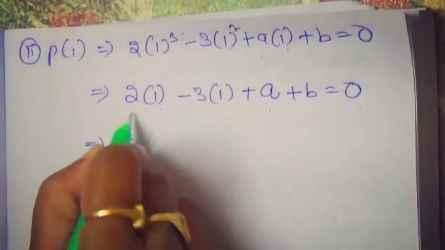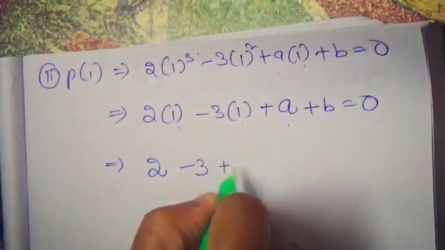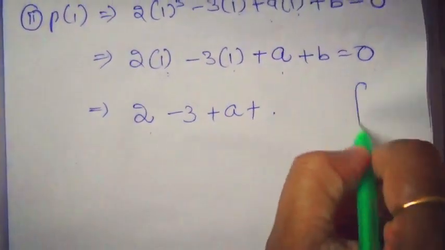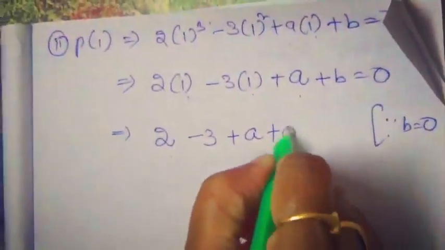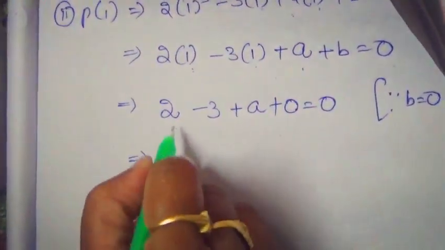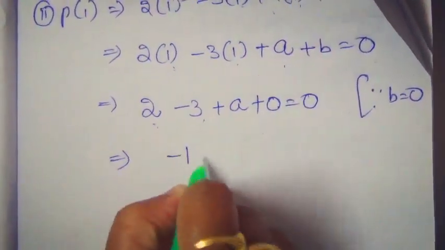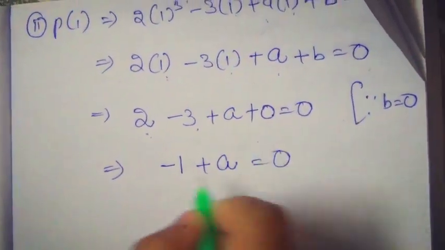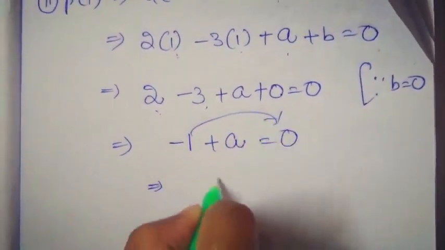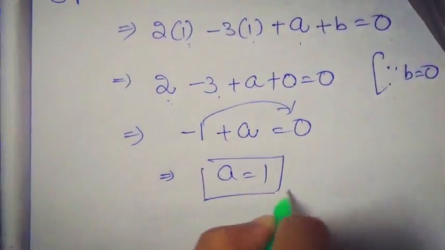So 2 ones 2 minus 3 plus a plus b, since b value is equal to 0, already we got here. So I am taking this b value as 0. That implies 2 minus 3 is minus 1, plus a is equal to 0. That implies a is equal to 1.